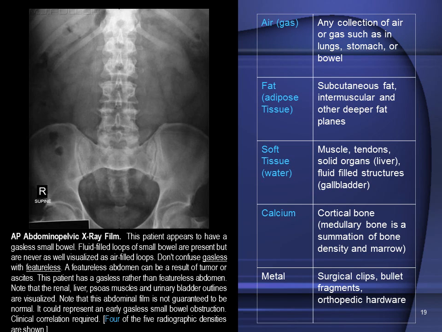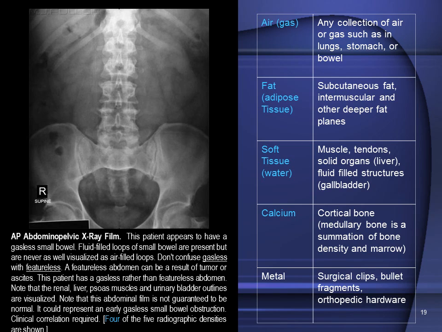When the image is placed onto the film or on the computer monitor for us to interpret, it is as if the patient is facing the interpreter or the radiologist and is standing in anatomical position. So this is the left side of the patient. This is the right side of the patient.